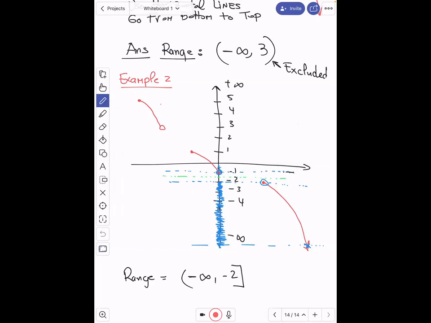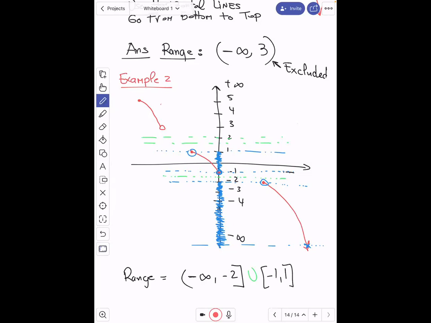So the second interval goes from -1 to +1. We have to stop at +1 because after +1, somewhere between +1 and +3, there's no intersection. So my second interval will be from -1 to +1, and both are included.